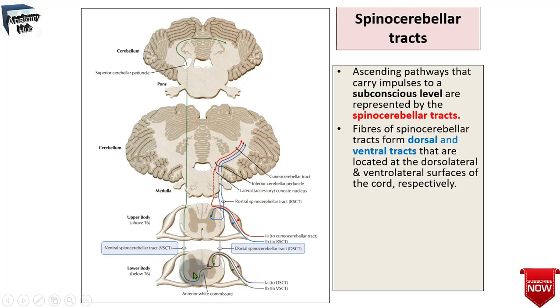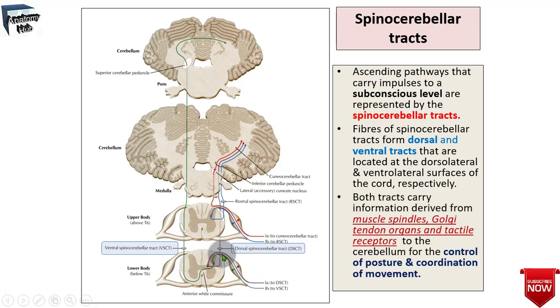This group of neurons is called the nucleus dorsalis, or Clark's nucleus, located at the seventh lamina in the cord segments from C8 to T1 through L2 to L3. So both tracts carry information derived from the muscle spindles, Golgi tendons and tactile receptors to the cerebellum for the control of posture, coordination and movement.